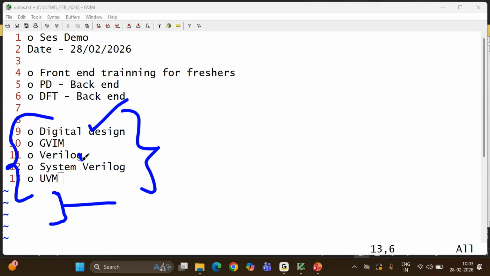There will be evaluations with a written test, plus mock interviews on each subject. You need to score 75% and above. It might be online or offline, for both candidates enrolling for front end training.